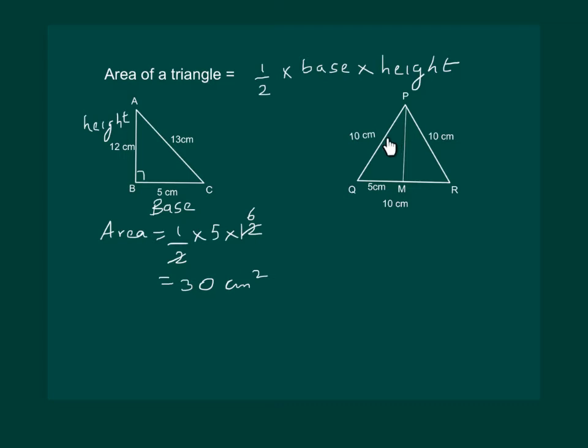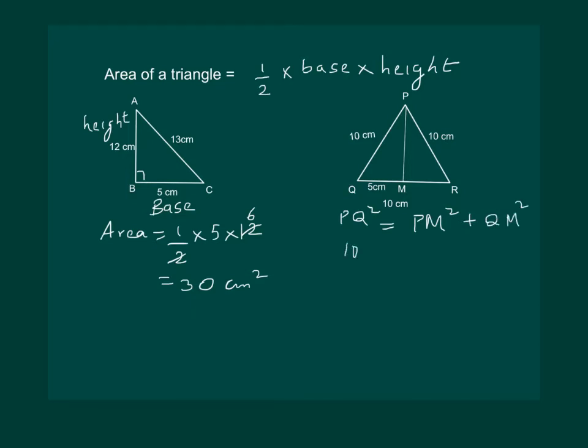Now by using Pythagoras theorem for the triangle PQM, we can find the height of the triangle PQR. So let us try to find the height. By Pythagoras theorem, PQ square should be equal to PM square plus QM square.